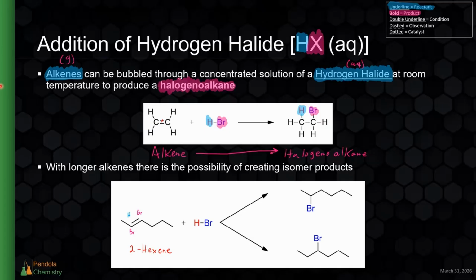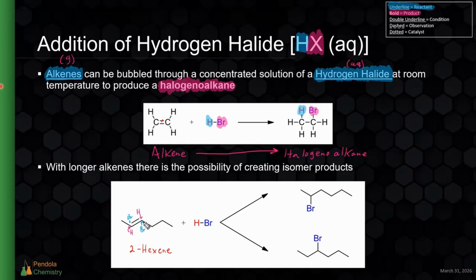Let me flip this so it makes more sense with the arrows. On the top we have the product that would result from bromine being added to carbon 2 and hydrogen being added to carbon 3, while on the bottom we have the product that will result if we add a hydrogen to carbon 2 and bromine to carbon 3.